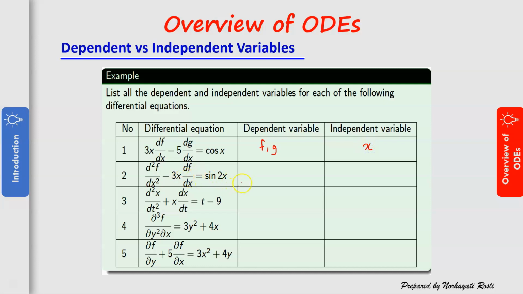In the second equation, f is differentiated with respect to x. So f is the dependent variable and the independent variable is x.